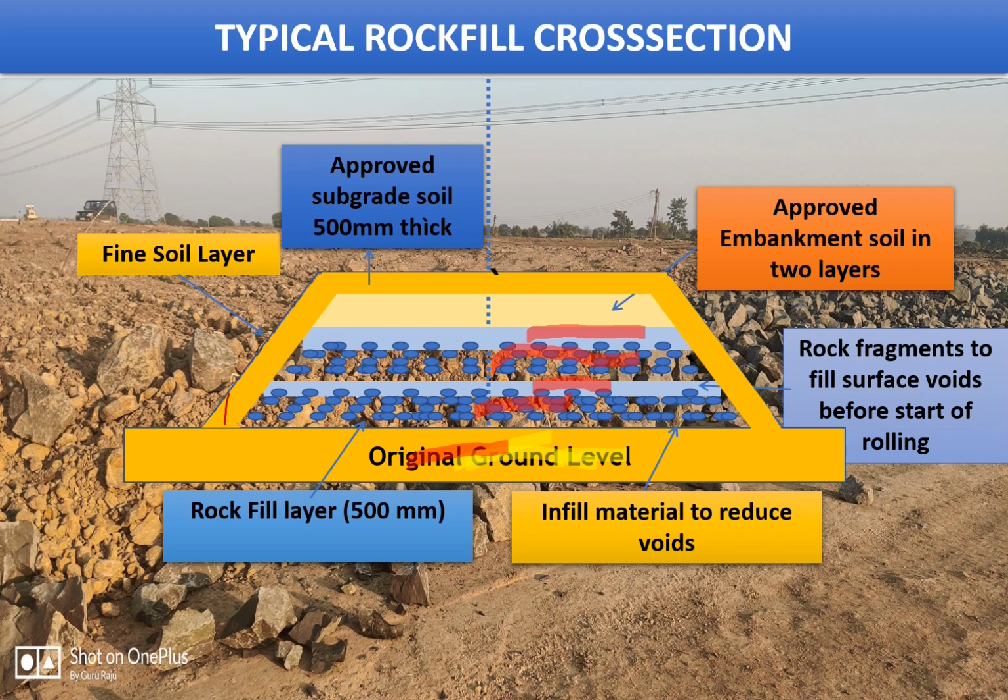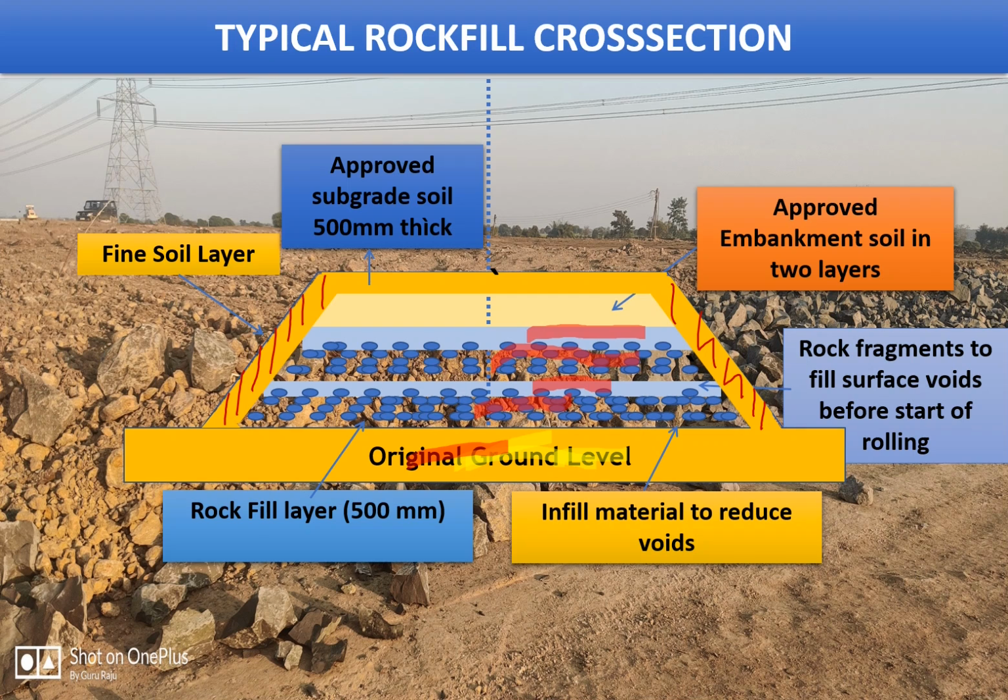So this is your confinement layer on both sides, which is basically a material suitable for confinement, equivalent to the subgrade materials if required, but we should have a good PI value.